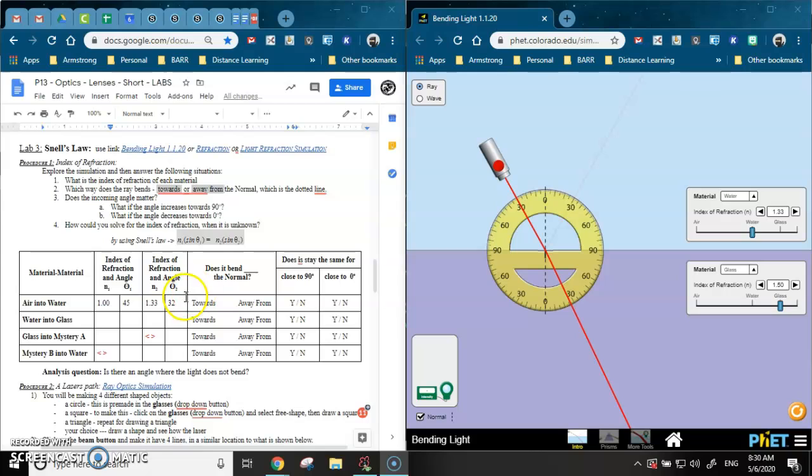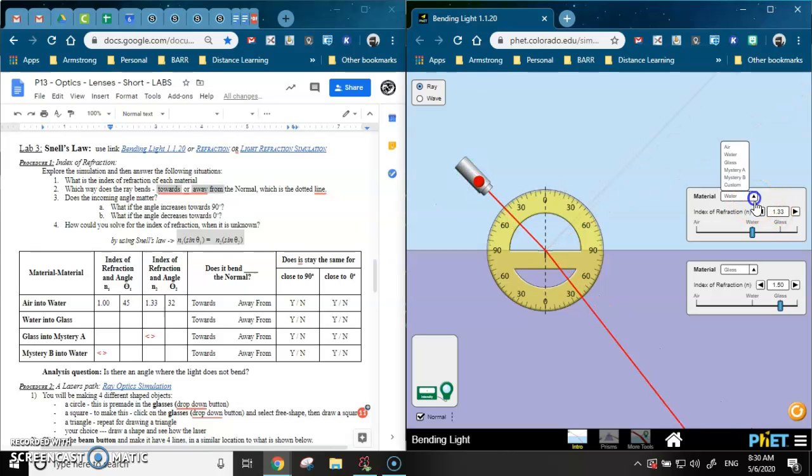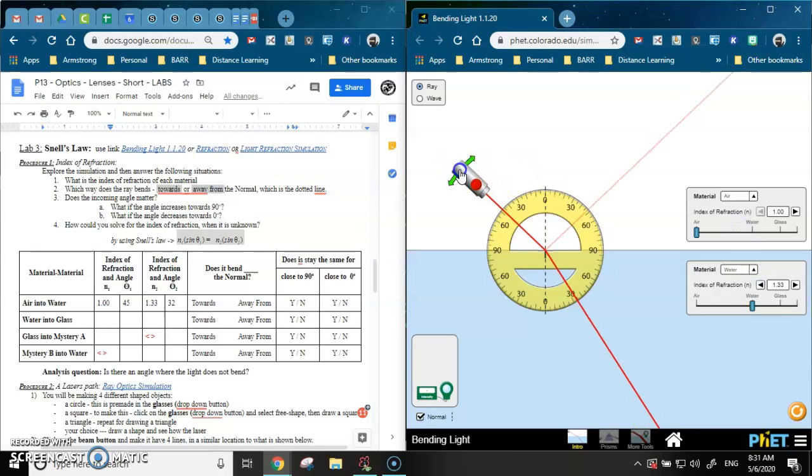Now for this second part, does it bend towards or away from the normal? Let's go with that first one, air into water, where it's easier to see. We were at 45.